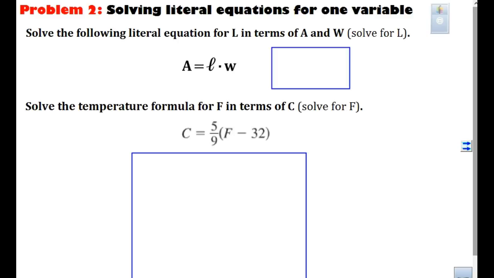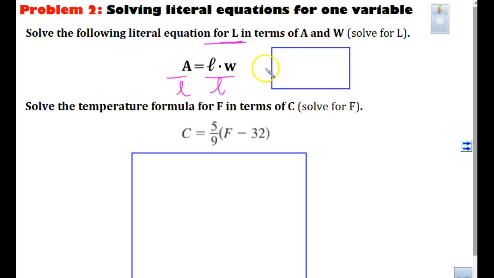it says, solve this literal equation, A equals LW, and it tells you what you're solving for. Solve for L in terms of A and W, which just means A and W are going to be part of your answer. Now, if I want to get this L by itself, I have L times W. The opposite of multiplying by L is to divide.